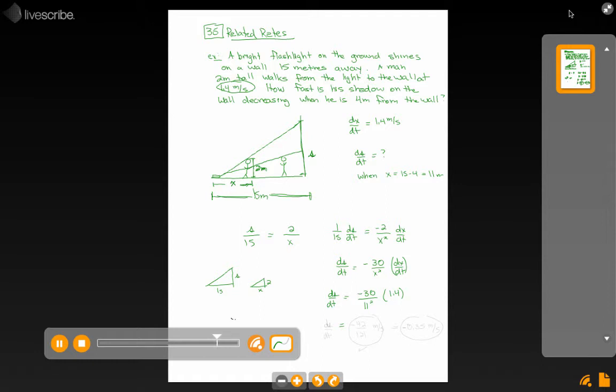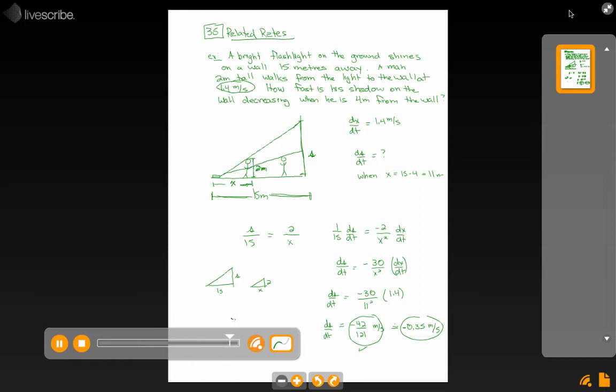So if you're leaving it in fractions, your shadow is changing at a rate of negative 42 over 121, and the rates here would be meters per second, or negative 0.35 approximately meters per second. Again, depending on whether we wanted exact values, which is usually the case, or if they said round to the nearest hundredth or something to that effect.